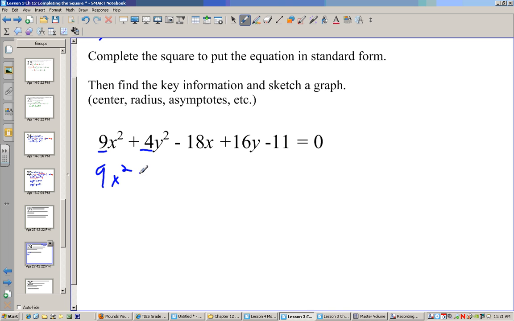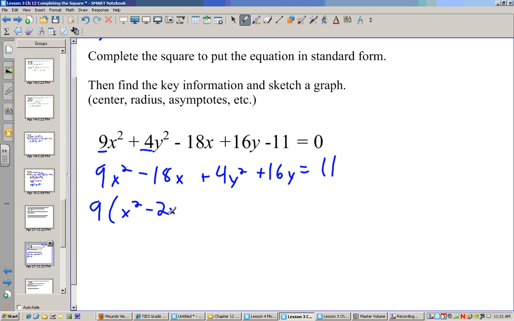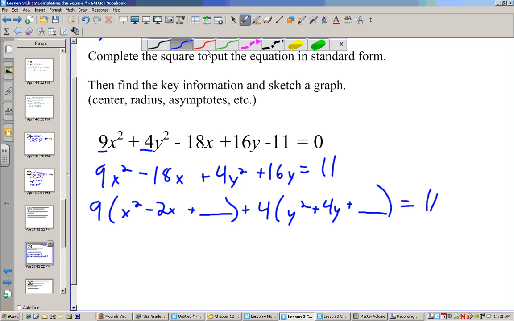9x squared minus 18x plus 4y squared plus 16y. I'll move that 11 to the other side to make it look like this. So now I factor out the 9, and over here I'll factor out the 4. Now what we'll have to add to this one is a 1, to make it a perfect square, and this one we'll have to add a 4.